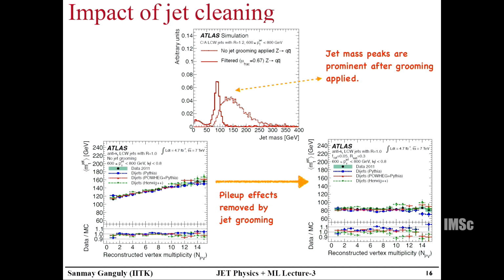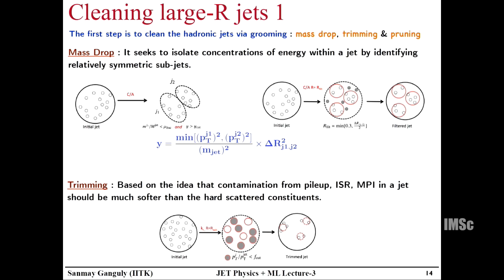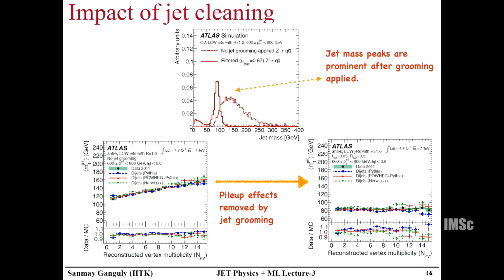And also this is something about the pileup removal effect. Here the f cut is the trimming method parameter, which is applied for pileup removal.